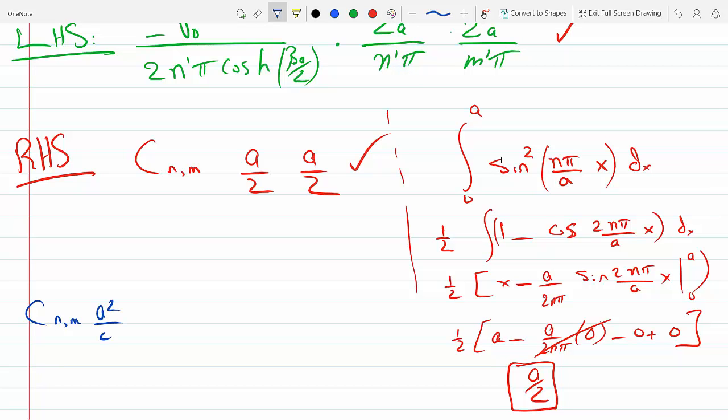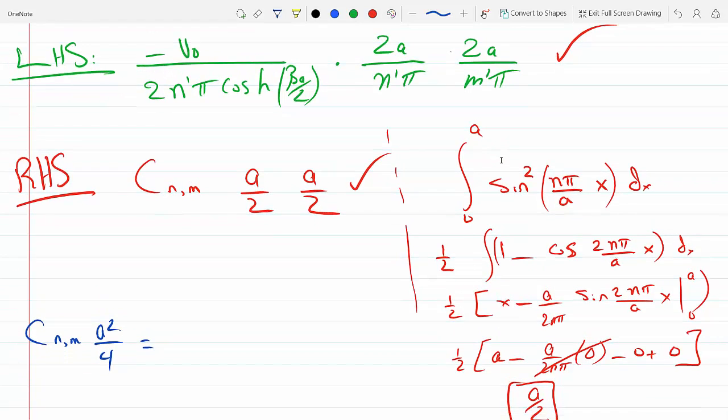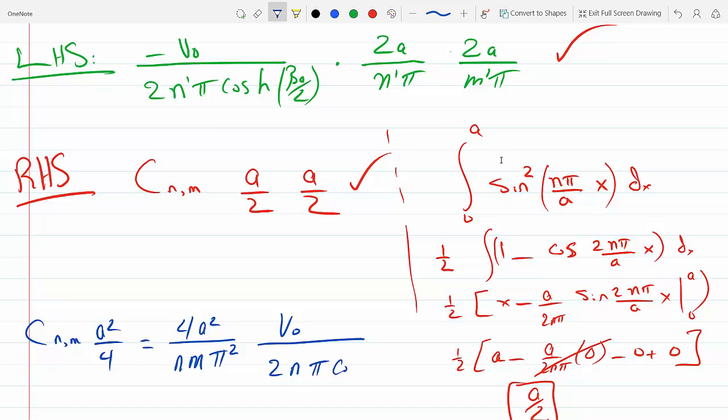So here we have CNM times a squared over 4 has to equal that whole thing, 4a squared over n, I'll use n and m instead of n prime, pi squared times v0 over 2n pi cosine hyperbolic beta a over 2.